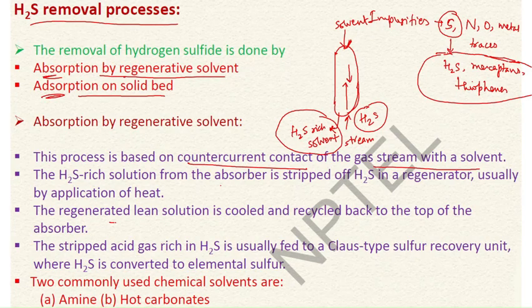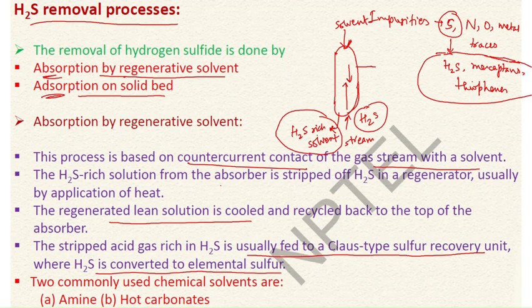The regenerated lean solution is cooled, and after we separate the H2S and solvent in the regenerator, this solvent is recycled back to the top of the absorber. And the stripped acid gas rich in H2S is usually fed to a Claus type sulfur recovery unit where H2S is converted to elemental sulfur.